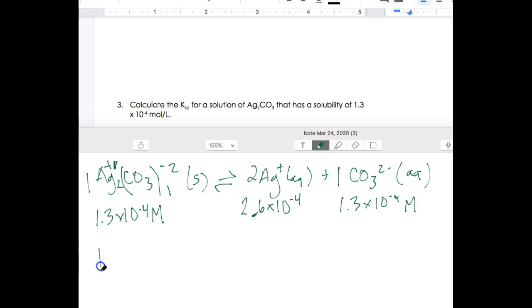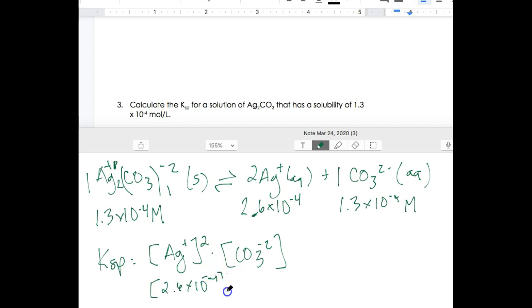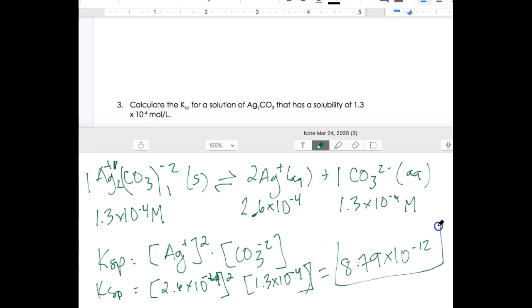Now, KSP is equal to products, silver to the 2nd power times carbonate ion to the 1st power. And when you substitute in your values, you're going to get a number for KSP, and hopefully you guys got this number. All right, there's that.